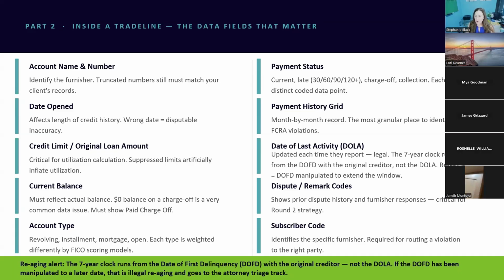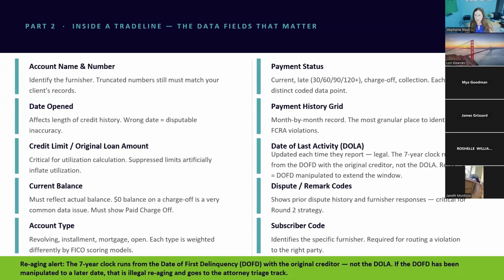Account type: revolving, installment, mortgage. All of these you should be able to identify. You should understand what a revolving account is. A revolving account is something that you are able to charge on, pay, and use again, right? There's a credit limit and it's a revolving line.